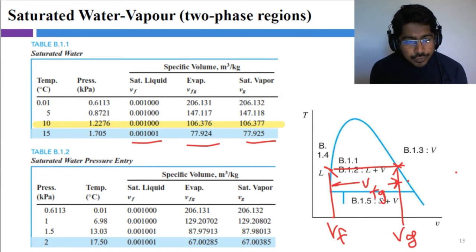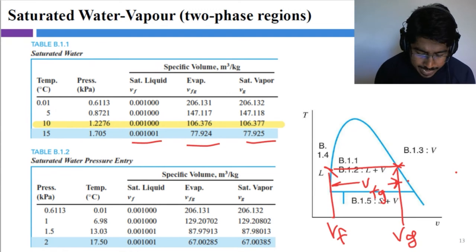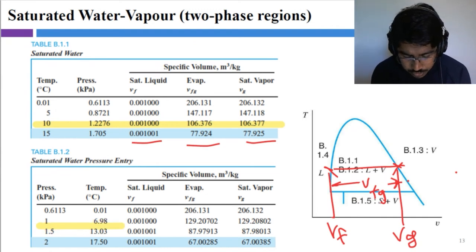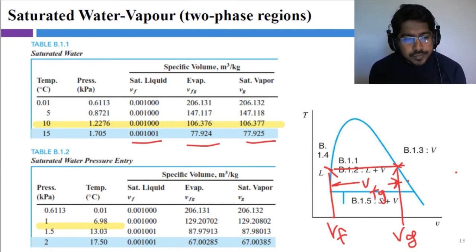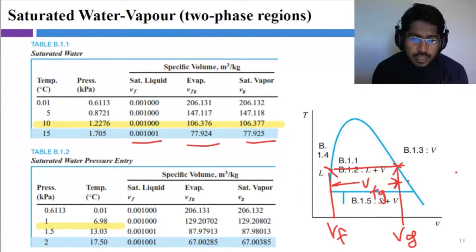In this case, if you were to use pressure entry tables, you cannot find 10 Celsius here, right? The 10 Celsius is somewhere in between these two, but it is not given. So if you try to use pressure entry tables, you will have to do some subsequent calculations, right?